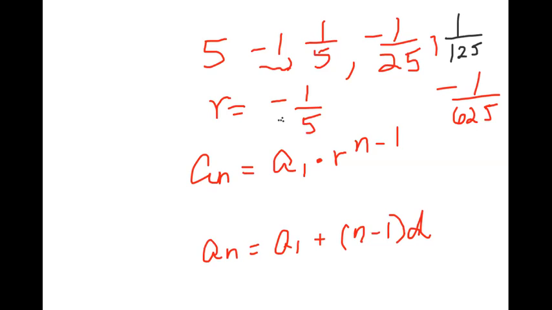That's the number that you keep adding over and over again to get to the next term. See, two different formulas. So how do you know? The arithmetic sequence has a D, the geometric sequence has an R. So that's an easy way to remember which one is which.